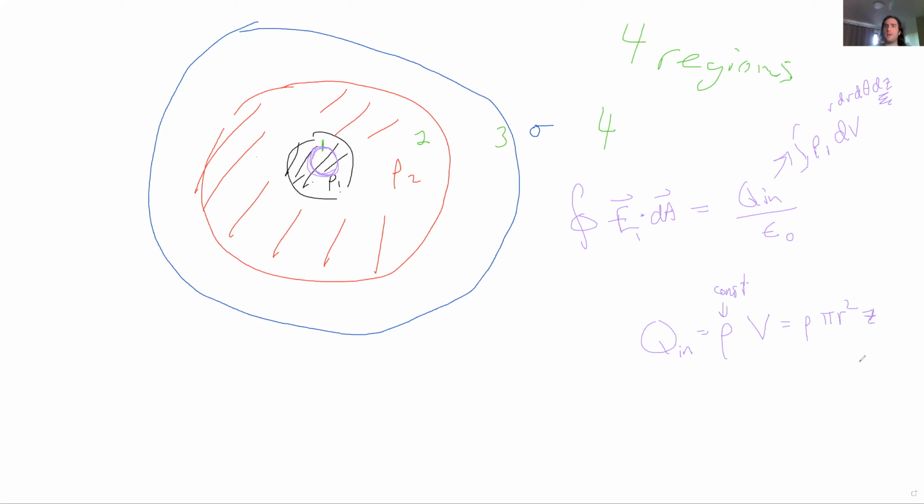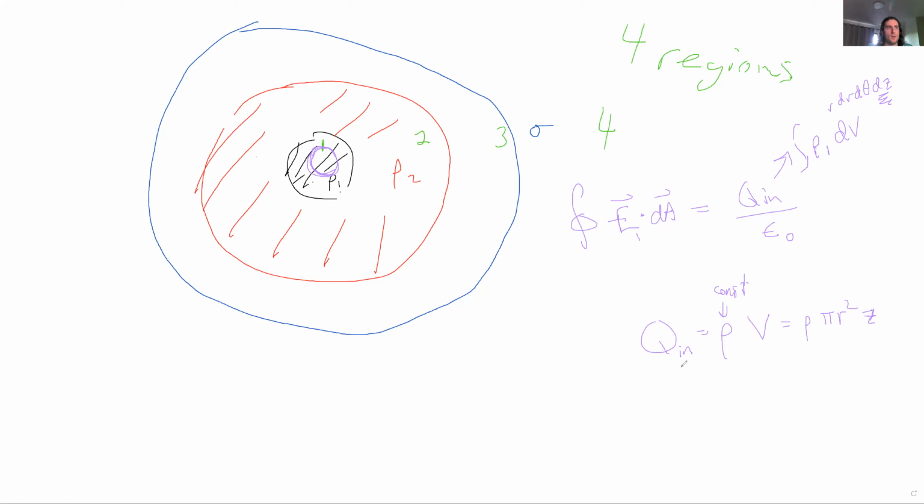You might be worried: wait a minute, these cylinders are infinite, so z is basically infinity. Well, let's deal with that later because it's going to cancel on both sides. In reality, we just don't do this z integration, since there's also a z integration on the left side, and we discard that.